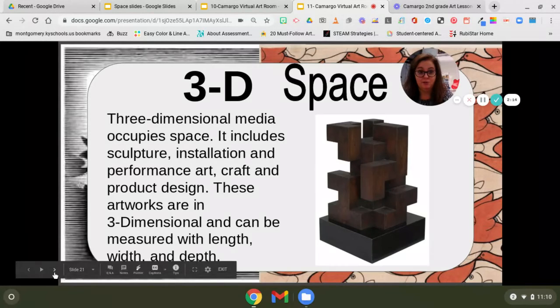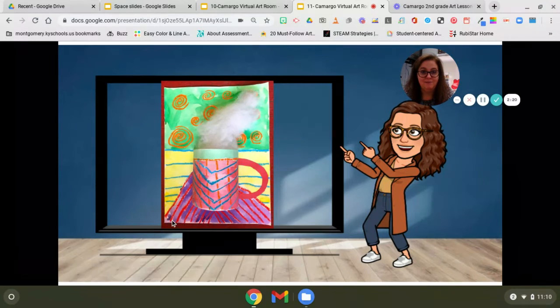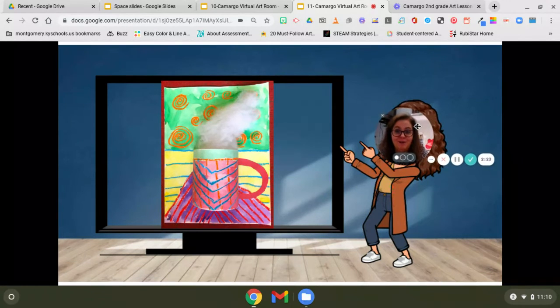So we're going to think about trying to create a picture that has some dimension to it. It is going to be a 2-dimensional artwork that we're going to add a 3-dimensional element to. I was thinking this would be a really cool lesson, and it is a hot cup of cocoa, because it's wintertime.